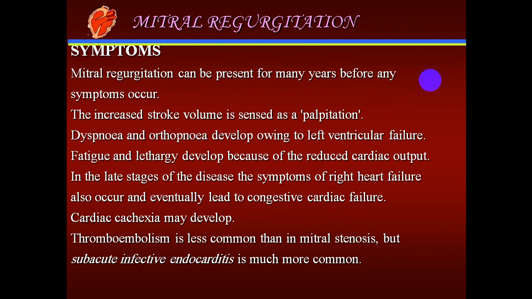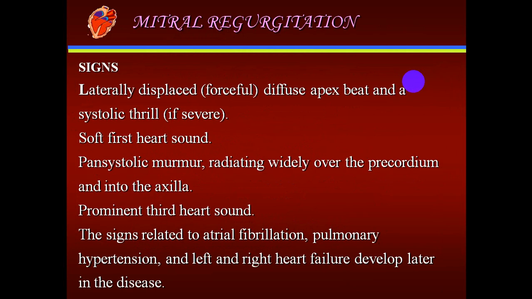Thromboembolism, as we said, is less common than in mitral stenosis, but subacute infective endocarditis is more common in comparison with mitral stenosis. Signs during physical examination: a laterally displaced, forcible, diffuse apex beat, and a systolic thrill if severe, which we can feel.